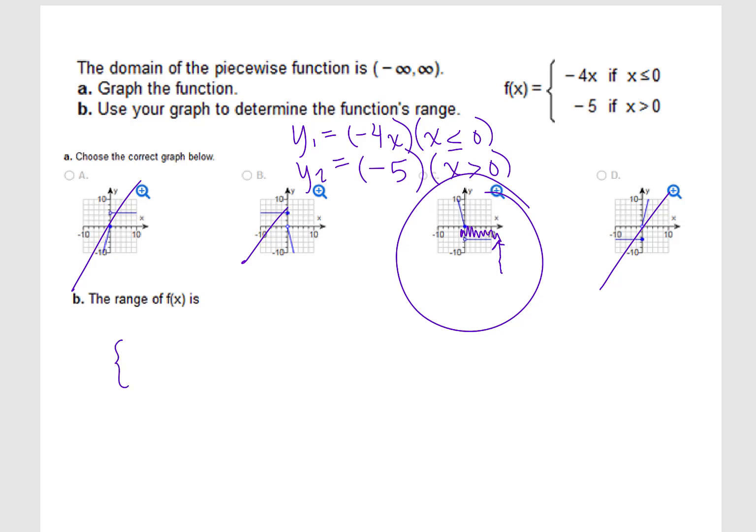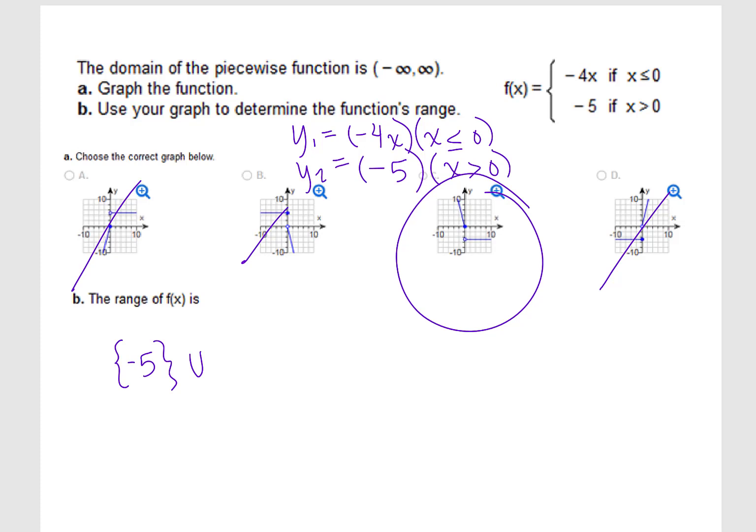So I'm going to use set notation for that -5 because I can list the values in that portion of my function for my y's. But then we're going to use union because then we have a range of y's that we can use interval notation for.